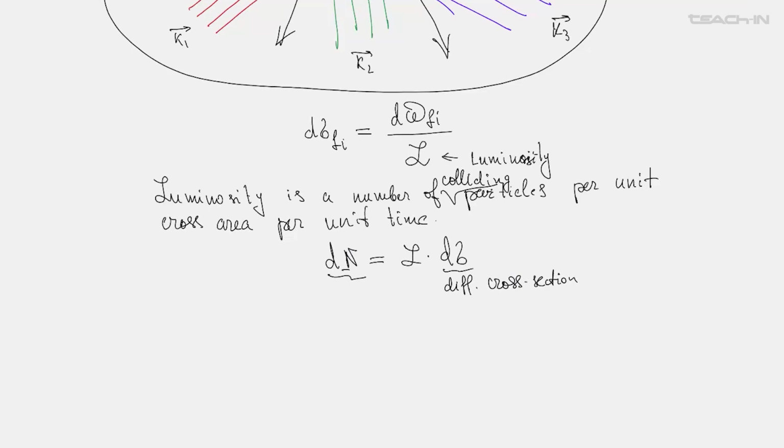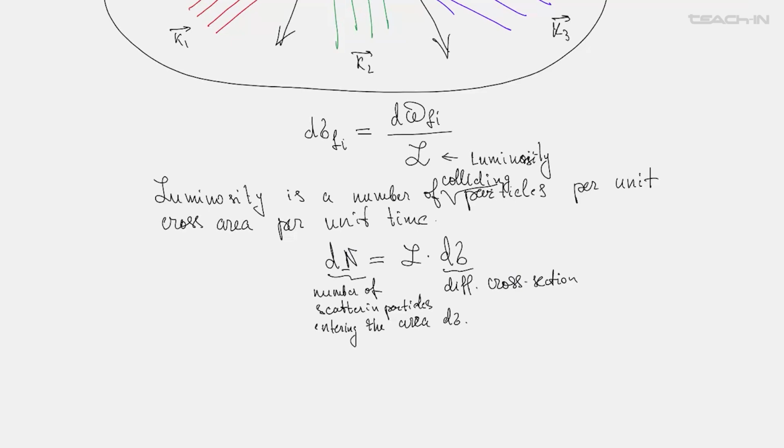Number of scattering particles entering the area d sigma. And the proportionality coefficient between these two quantities is a luminosity. So the more powerful your accelerator, the more luminosity it has, and therefore the more scattering particles enter the area d sigma.